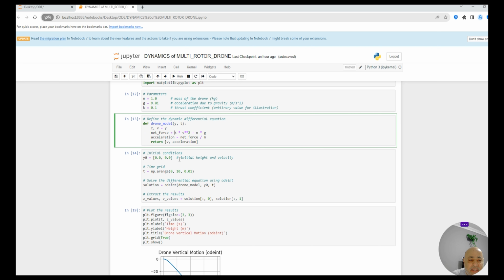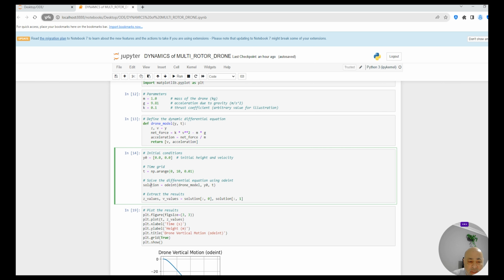Then I did the initial conditions, where I created a y, and there is a list here of two float parameters initialized as 0, which are the initial height and velocity. And then I created my time array using a range, between 0 and 10, and the step is 0.01.